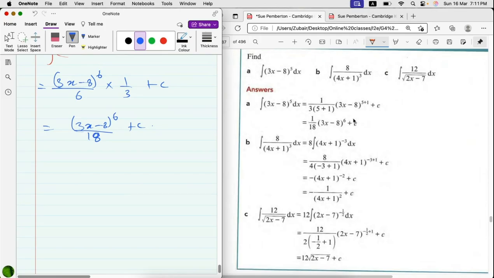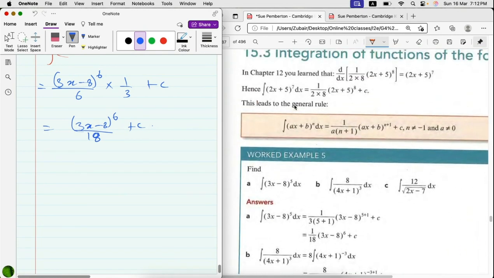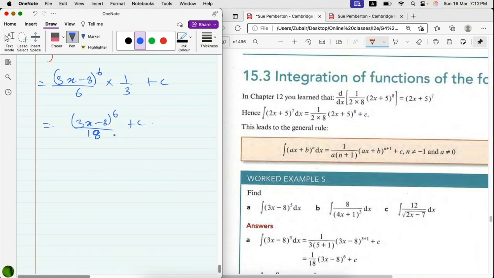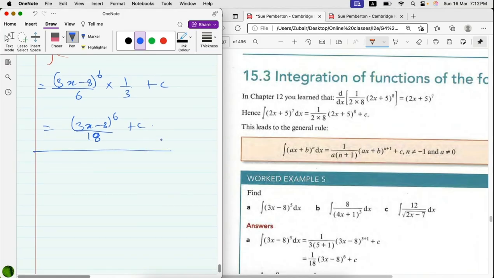I'm kind of stuck on this one though. B part? Yep. I'll do it with you. And I just hope I don't make any careless mistake. Okay. And let's just get rid of the working first.